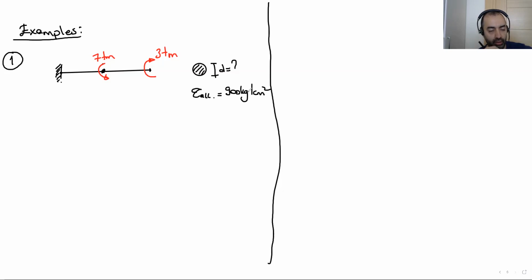The allowable shear stress is 900 kilogram per centimeter square. So if the section carries all these torsional moments safely, what is the diameter of the circular section?